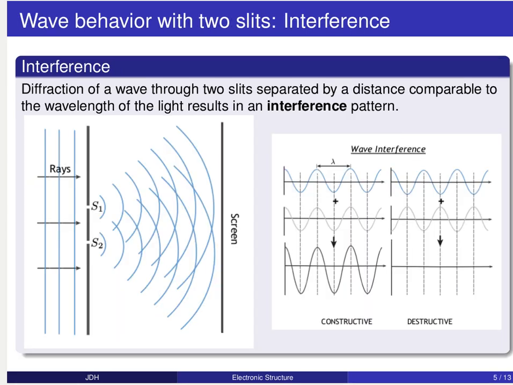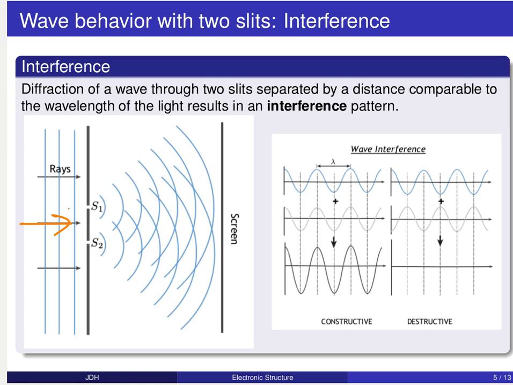Now, interference is our second wave-like behavior that we're going to discuss here. Interference is probably best illustrated in the following example. Let's suppose that we have an incoming wave impacting a wall that has two slits. Both of these slits are once again openings with a diameter on par with the wavelength of that incoming wave.